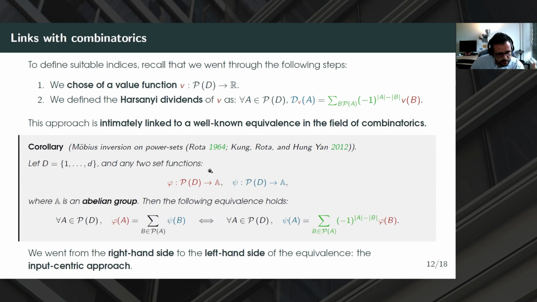This result states that for any two set functions which are valued in an abelian group, which means I just need to define how to add things together, not even multiply them, we can think about matrices, for instance, then we have the following equivalence.